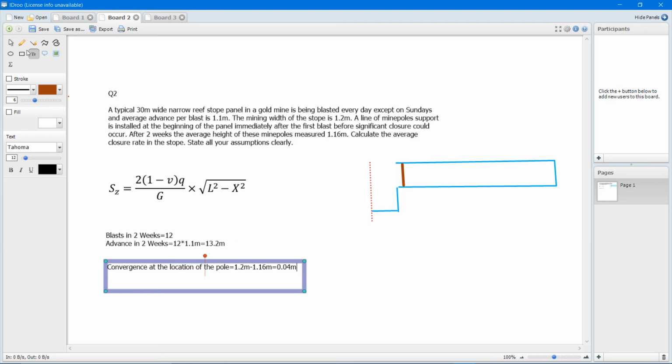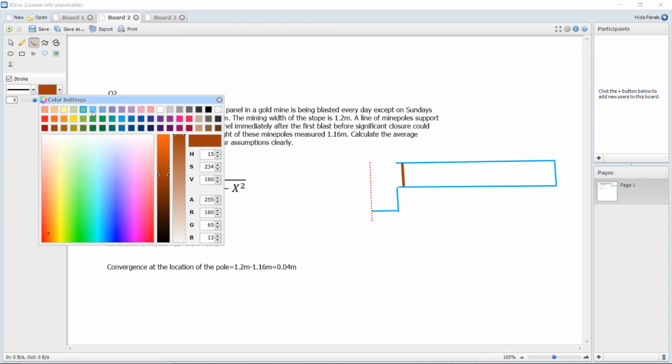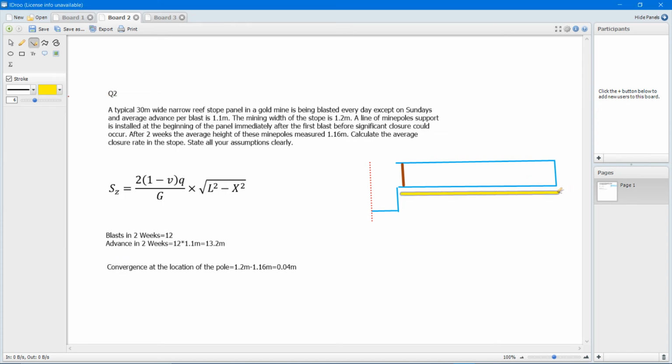Let's just label that quickly. Okay, here's advance right there, right? That's the advance from there to there. So that one was 13.2 for clarity.